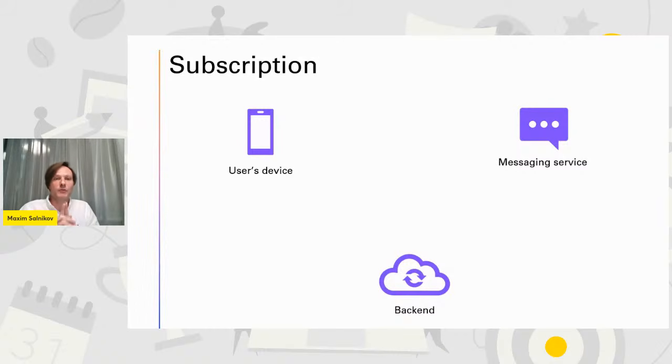So there are two flows: subscription and actually sending the notification. Let's start with the first one. There are three main and obligatory parties involved in the whole loop. First of all, of course, the particular device of the user who needs to subscribe first, and then they will receive notifications on exactly this device. These are all attached to the particular device where they subscribed from.